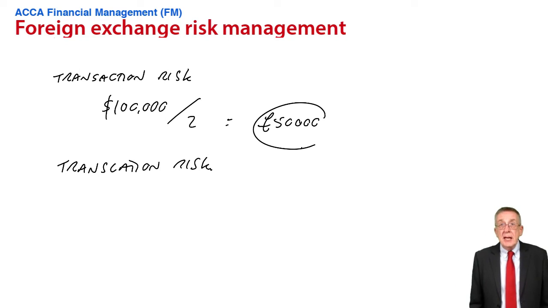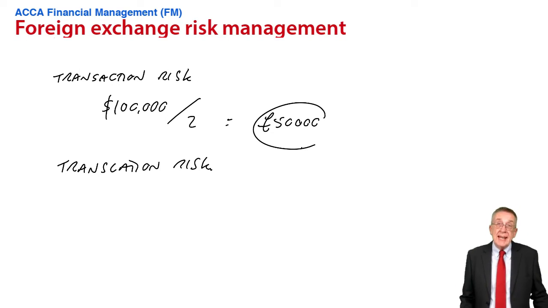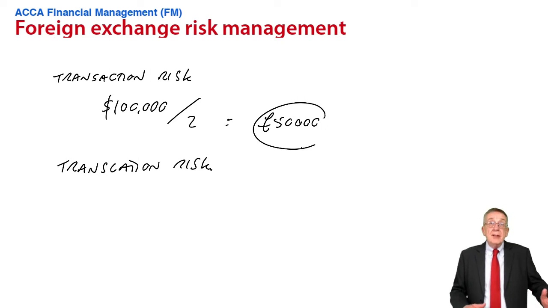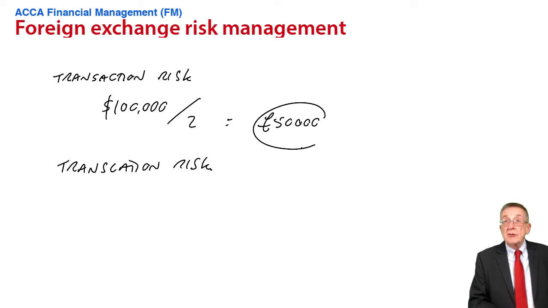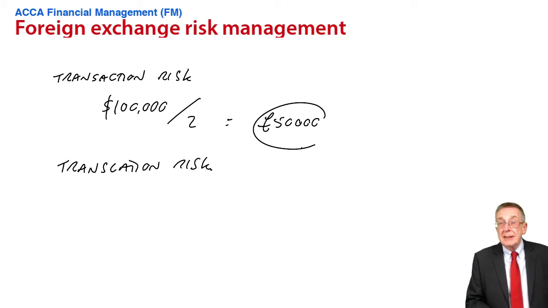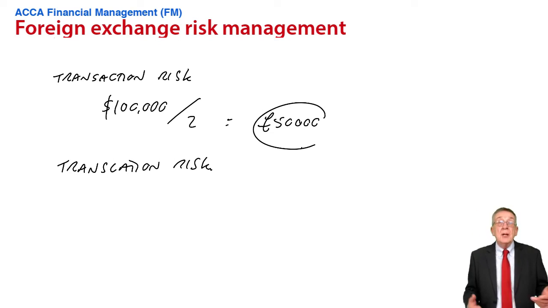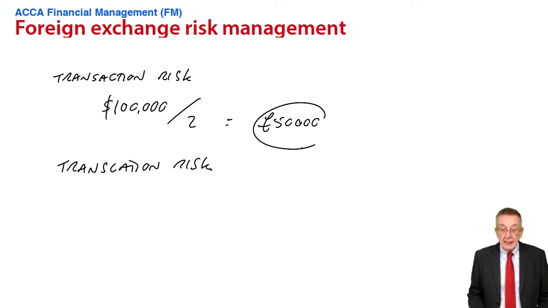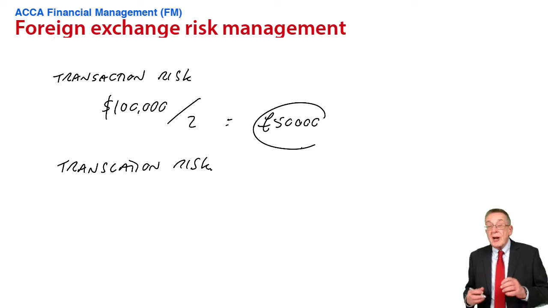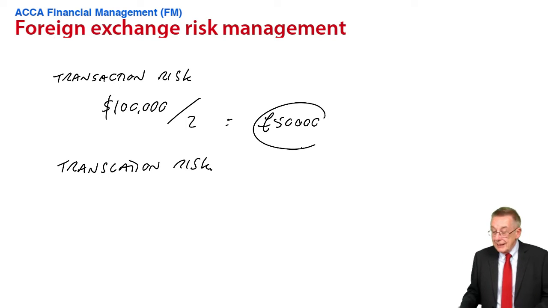And of course, year by year, because exchange rates change, even though the factory cost me $100,000, the pound value of it will go up and down depending on the exchange rate. So that is called translation risk.